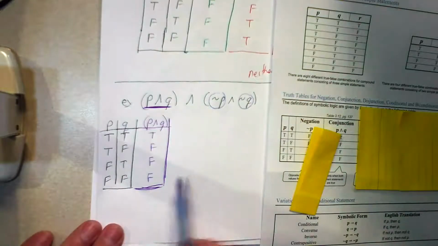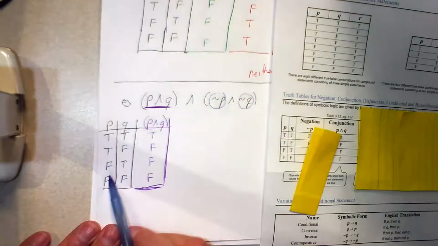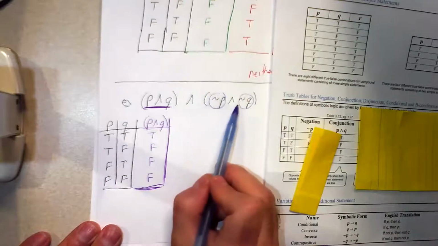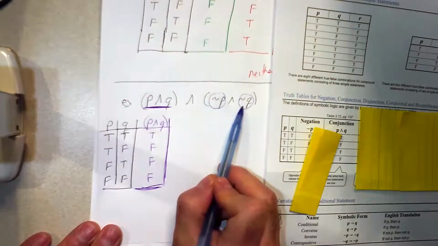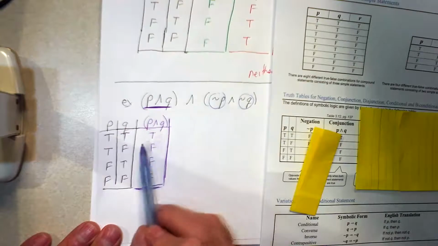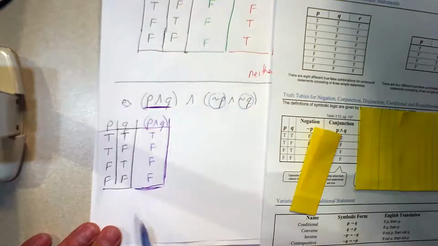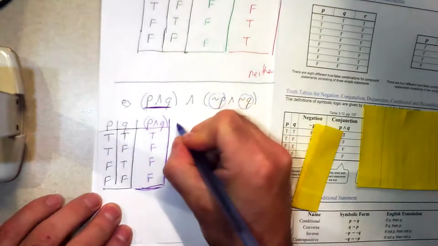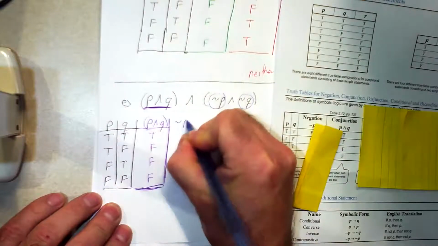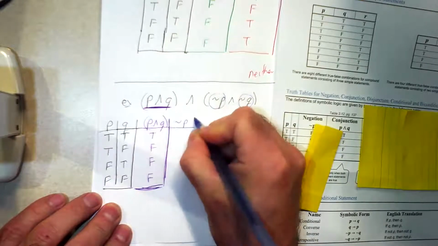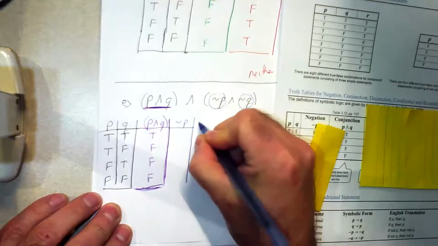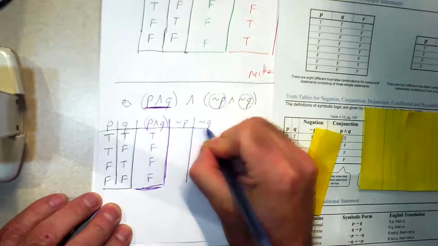I have to get the P columns and take the opposites for that one. And then I have to make another column for my Q naught. I'll have to do the opposites of that. So I'm going to go ahead and do each of them separately. So I'm going to do one with the P and one with the Q, right?